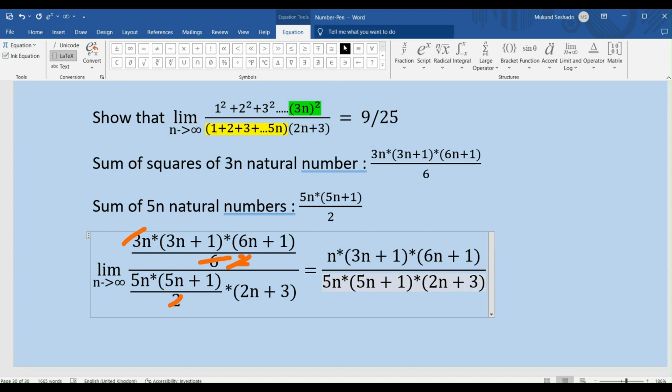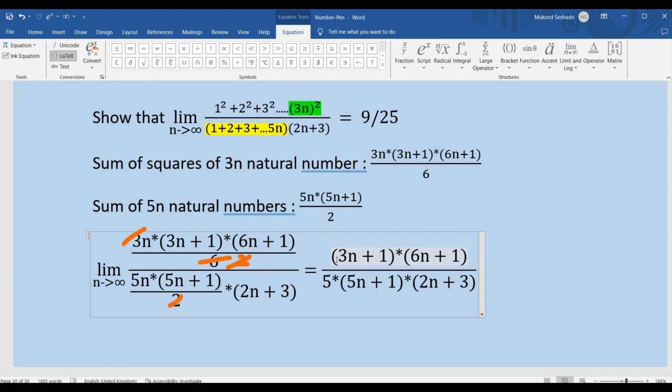I'm going to cancel out the n here, so let's do that. When I do that, I can remove this n, and I'm left with 3n plus 1 into 6n plus 1 divided by 5 into 5n plus 1 into 2n plus 3, right?